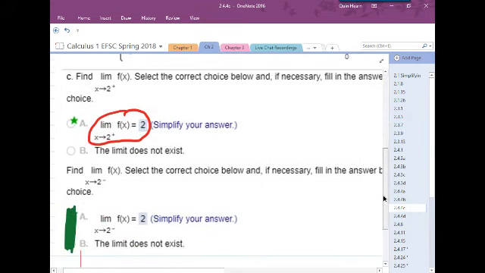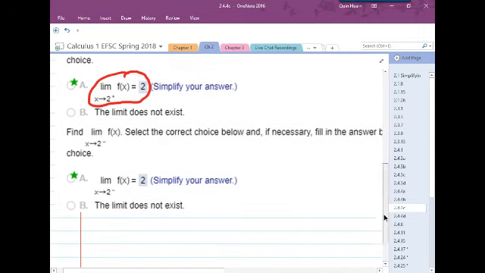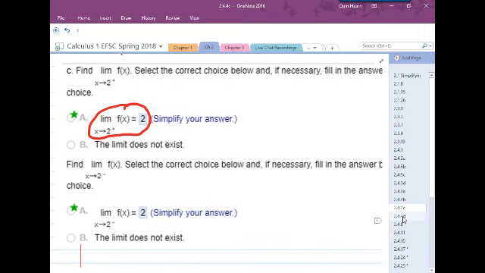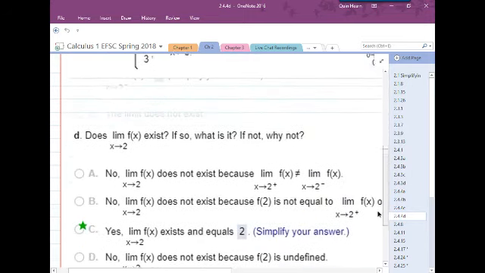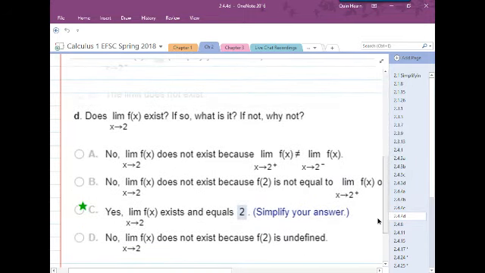Okay, so limit from the right is 2, limit from the left is 2, and then I believe in the next part they ask us for the overall limit. Yes, the limit exists and equals 2 because the limit from the left equaled the limit from the right.